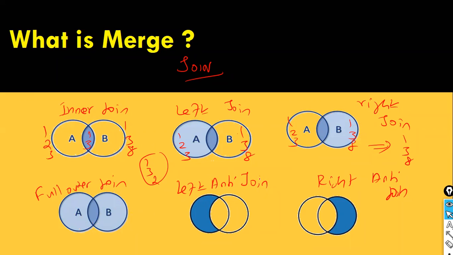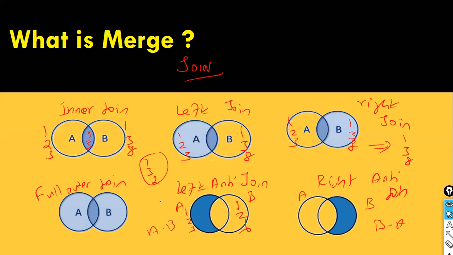Left anti-join, this is A minus B. How many of you heard about this, or studied it in school time? This is A minus B. This is B minus A. Here you have, let's say, 1, 2, 3, and here you have, let's say, 1, 2, and 6.